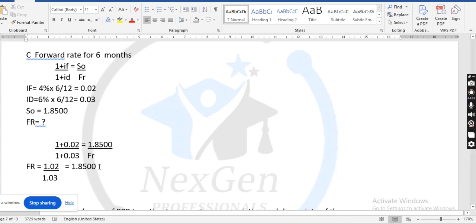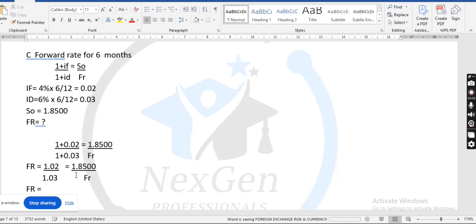Divided by FR. So please just give me the final figure. FR equals what? When you cross multiply, you have the forward rate. The forward rate is equal to what, class? Just give me the final figure quickly. 1.8681.